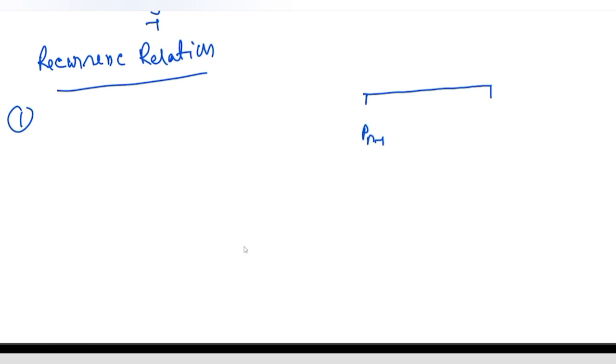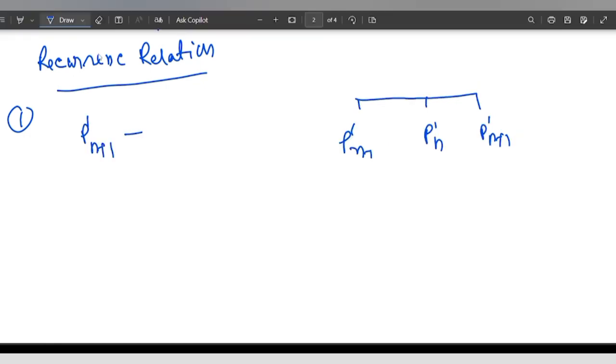Pn minus 1, P dash n and P dash n plus 1. So first we take the difference between the two polynomials, P dash n plus 1 minus P dash n minus 1. Here n plus 1 is the bigger polynomial. This is the nth degree polynomial and this is the n minus 1th degree polynomial.